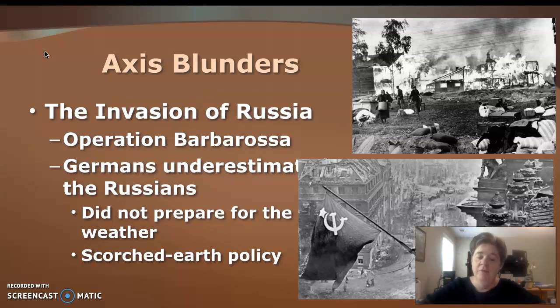They did not prepare for the weather, and they did not take into account that the Russians were going to, once again, just as they did to Napoleon, practice scorched earth policy. They're going to burn everything behind them. They're not going to leave a house. They're not going to leave a field full of vegetables for them to feed the army. They're not going to leave animals. They are going to scorch the earth behind them.